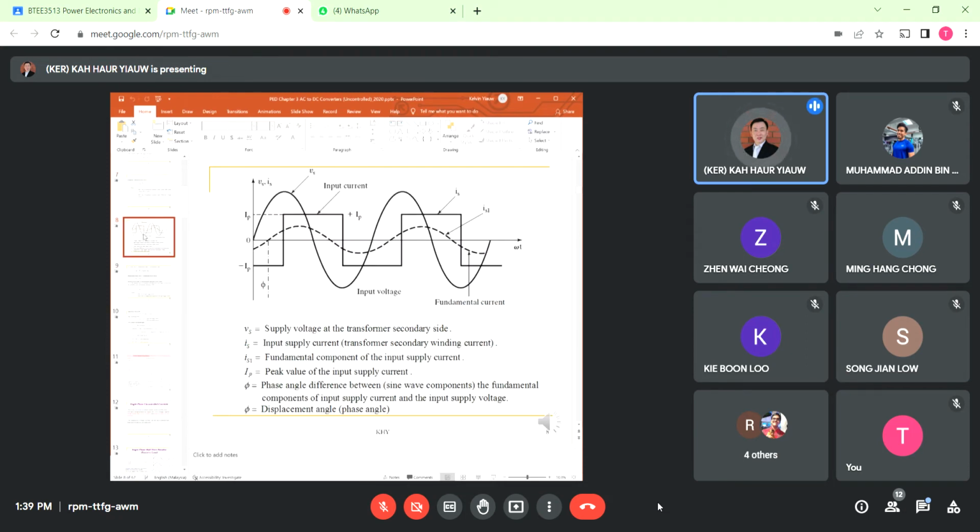Now, this figure shows the supply voltage VS, and we also have the supply current or input current. Because the supply has inductance, and if our load has a very high inductance, you see that this current tends to become a square wave.